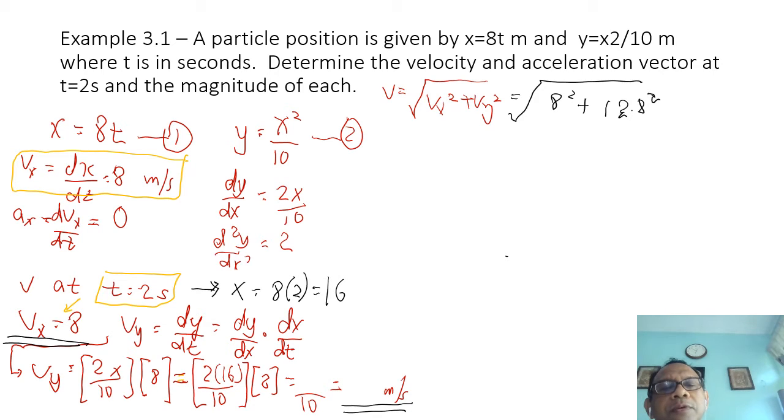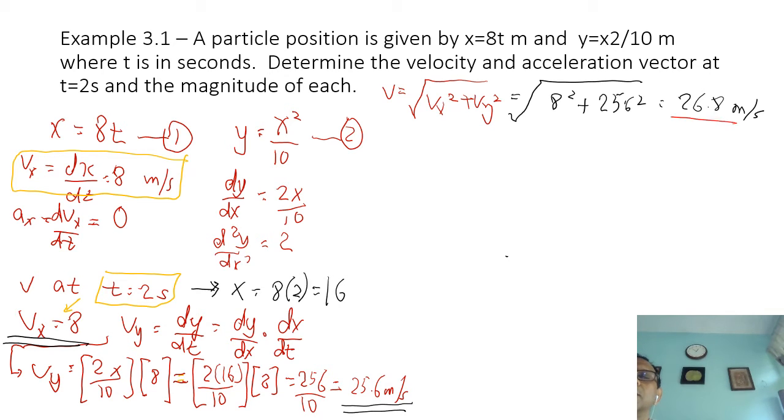So it's 25.6 meters per second, and therefore my Vy here is 25.6. Yeah, so we've got our magnitude at 26.8. That will be our answer for the first question.